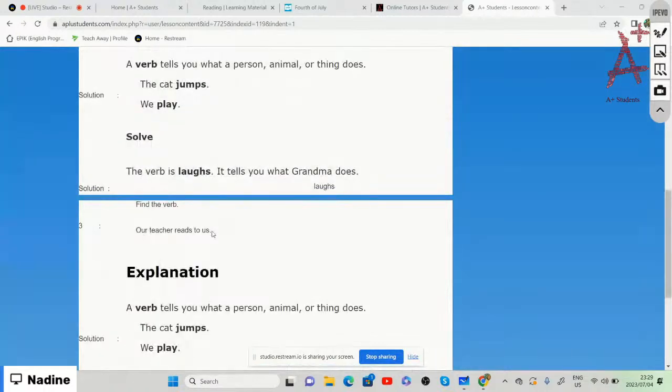Our teacher reads to us. We need to find the verb. What is the teacher doing? Remember, a verb is something that someone does, or what they're doing, or it's an action. So what is our teacher doing?